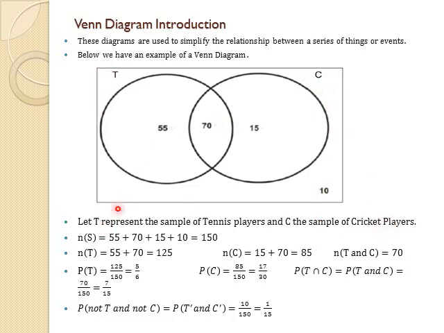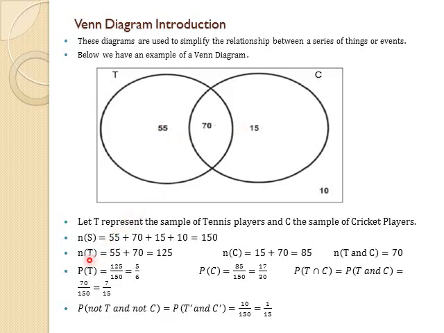So from this, our sample space, meaning the whole people that were involved in the relationship testing, 55 plus 70 plus 15 plus 10, so all in all 150 people partook.